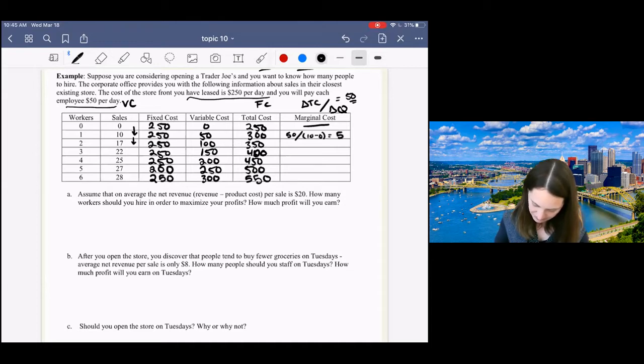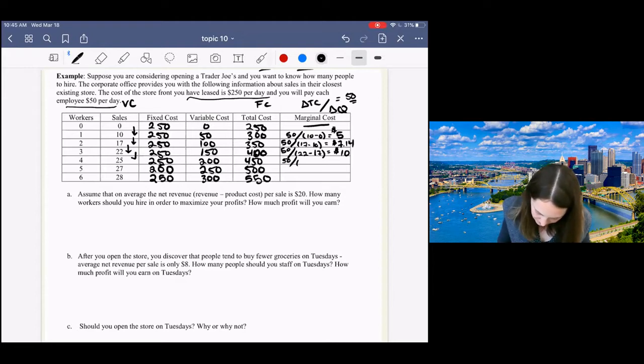Okay, so 50 over 10 is 5. And then I've got 50 divided by 17 minus 10. So 50 over 7, it's not a super even number, but that's $7.14. Okay, 50 over, now I've got 22 minus 17. So that's 5. 50 divided by 5 is $10.